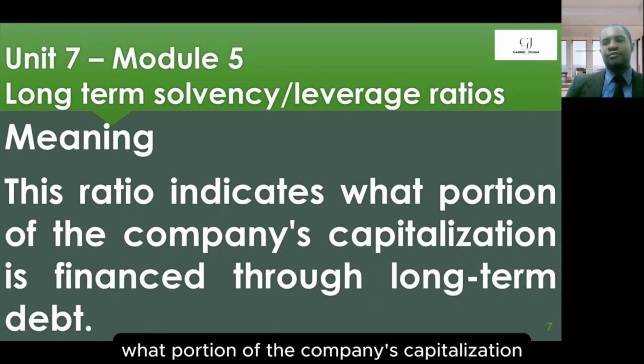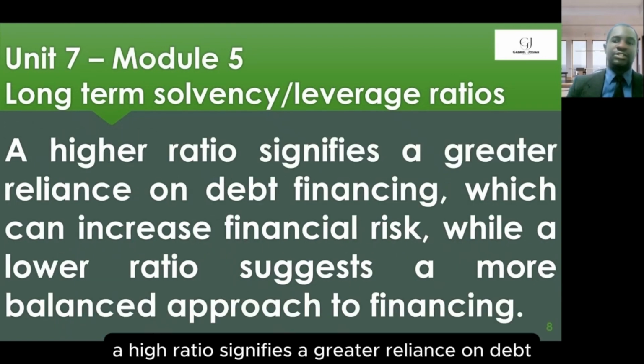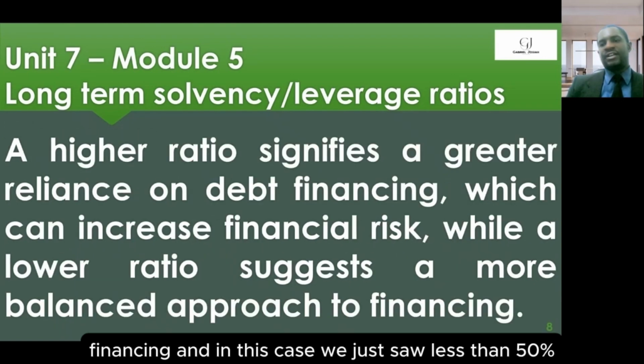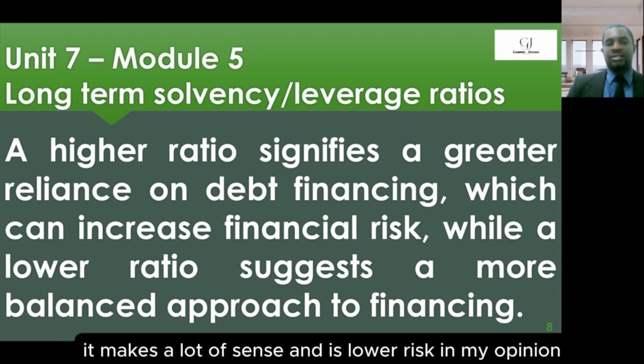It indicates what portion of the company's capitalization is financed through long-term debt. A higher ratio signifies a greater reliance on debt financing, and in this case, we just saw less than 50%, 0.45 times to the equity makes a lot of sense.